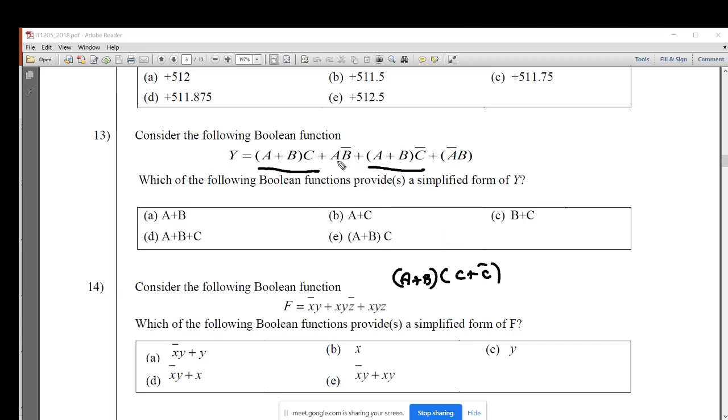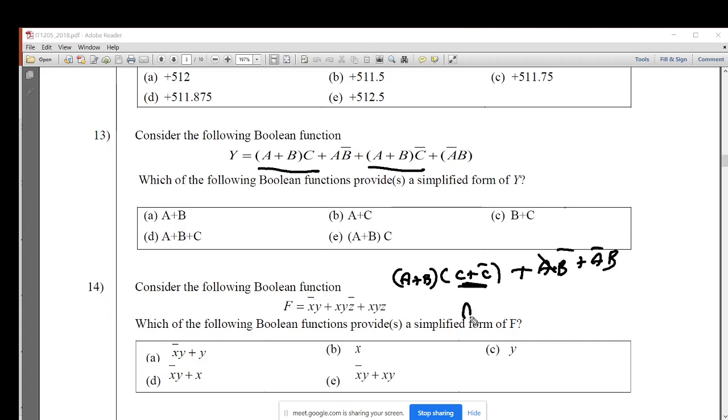So here we have A B bar and A bar B. Let's just keep it: A B bar plus A bar B. But definitely this is 1, and something dot 1 is something.